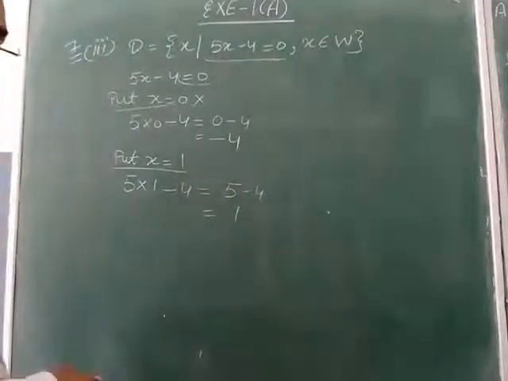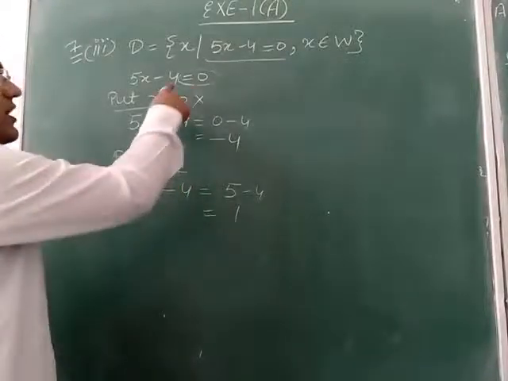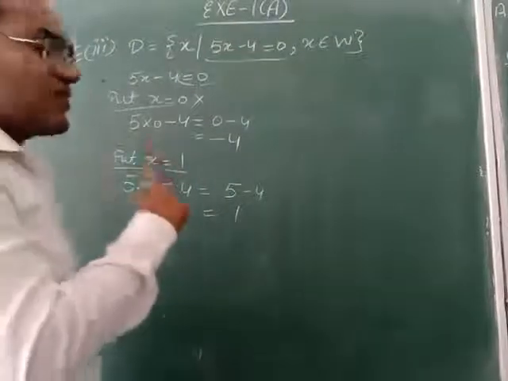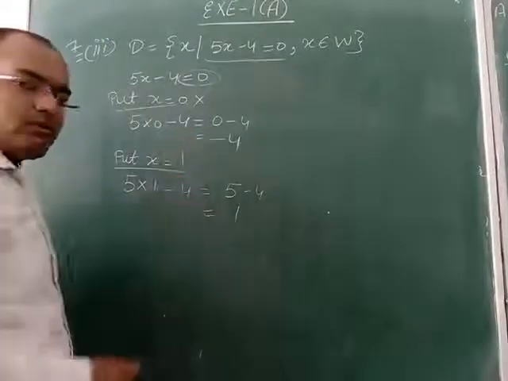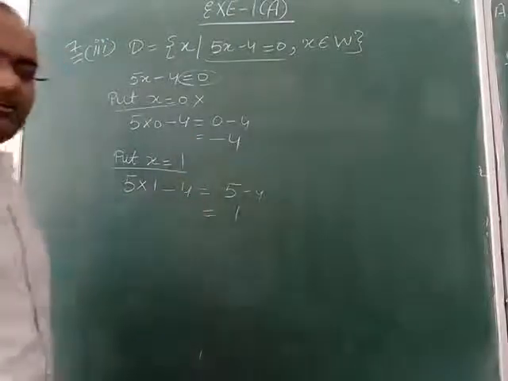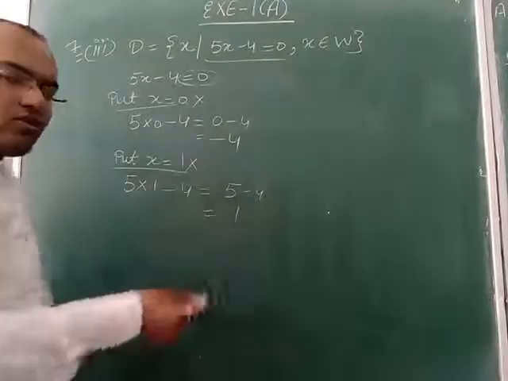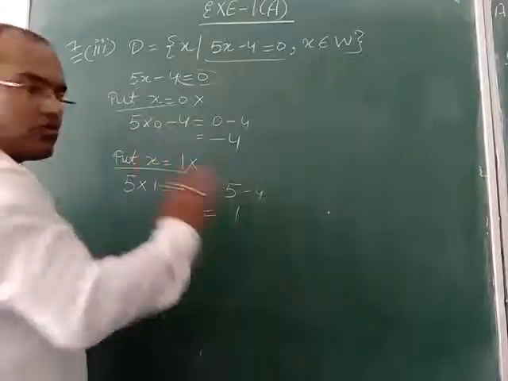So here also you observe that when we put x as 1, we do not get the answer given in the question. 5x minus 4 should be 0, but our answer is coming 1. So 0 is not coming. That means this value is also wrong. When we put greater values, the answer will be greater, but 0 will not come.